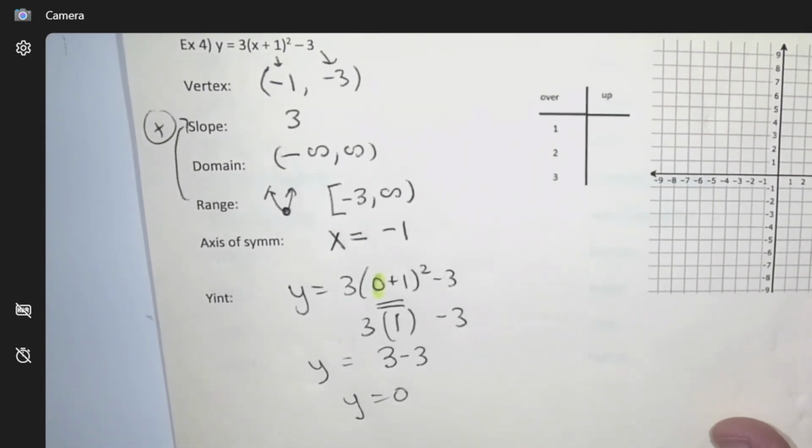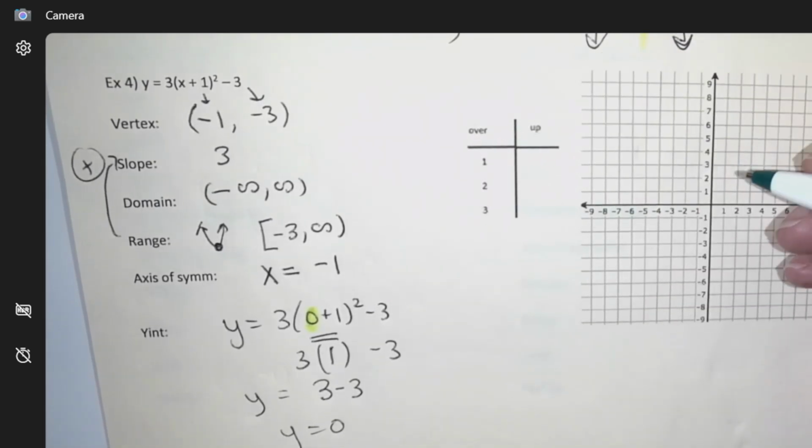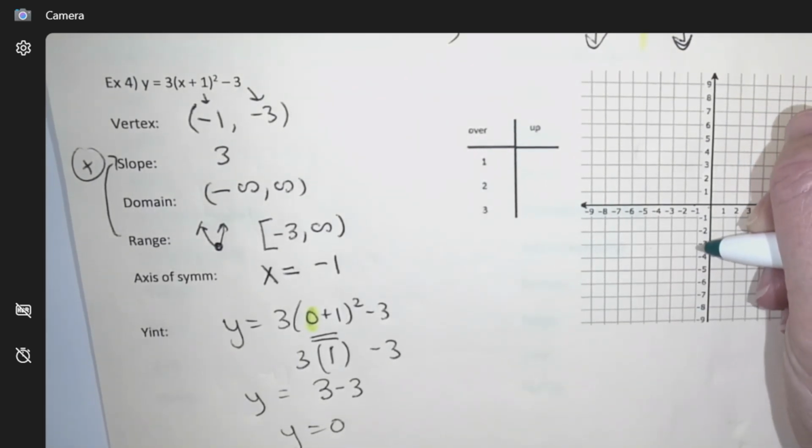Okay, so let's graph and see if we match everything. Can you give me your vertex on your drawing? So -1, -3.